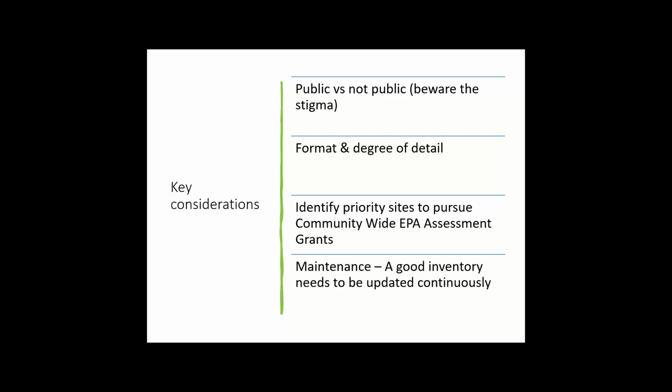And if you have multiple sites in your community identified as brownfields, then you are in a good position to put together a community-wide EPA assessment grant to target multiple brownfield sites in your community.